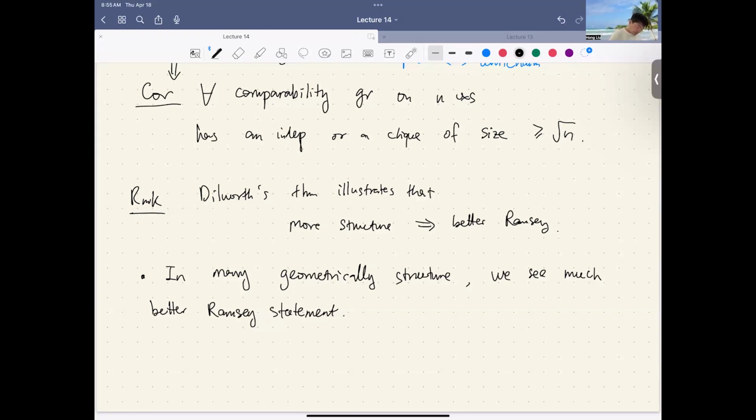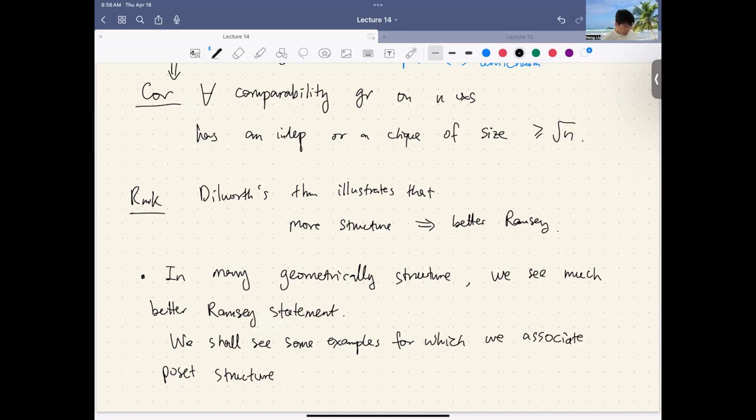We will see some examples for which we associate poset structure, hence better Ramsey.